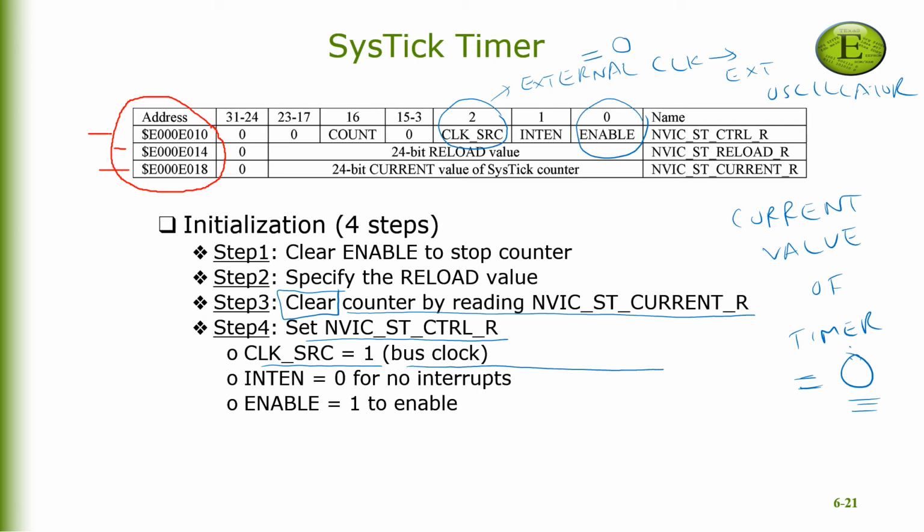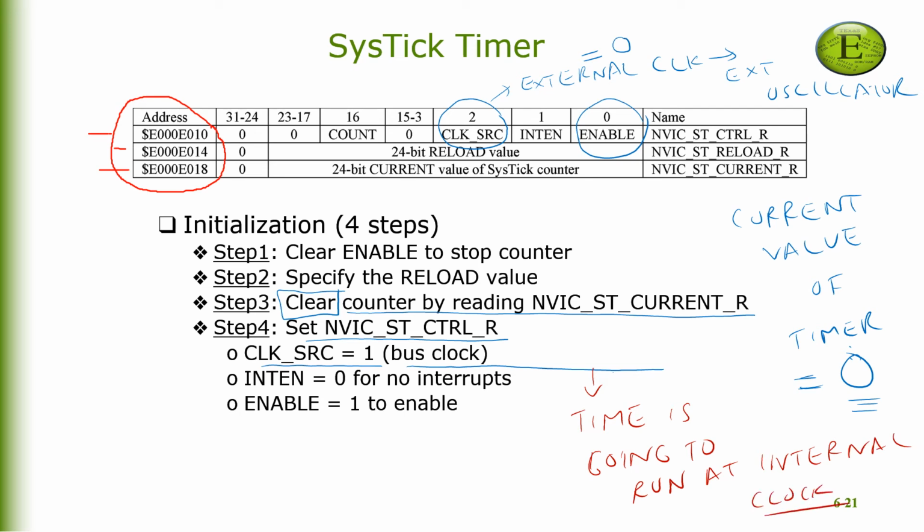So if clock source is equal to 1, it means that the timer is going to run at the internal clock. So there is an external clock and there is an internal clock.